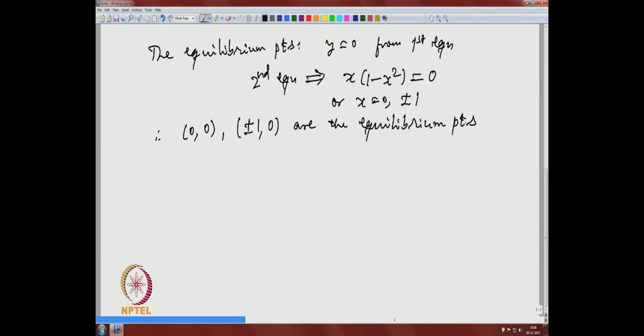Now, let us calculate the Jacobian at these 3 points. Let me first calculate the Jacobian at a general point (x, y). This is now a 2 by 2 matrix, since we have a 2 dimensional system.